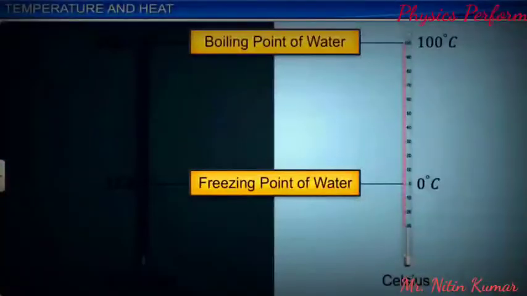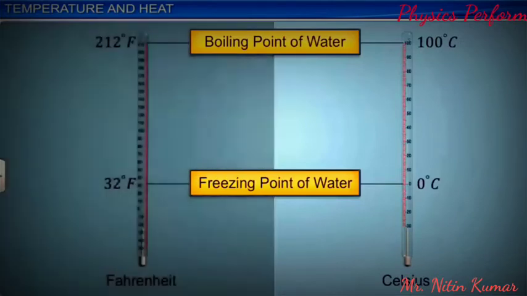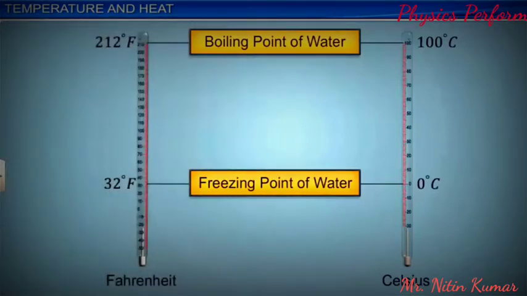In the Celsius scale, freezing and boiling points of water are taken as 0 degrees Celsius and 100 degrees Celsius respectively. In the Fahrenheit scale, they are taken as 32 degrees Fahrenheit and 212 degrees Fahrenheit respectively.